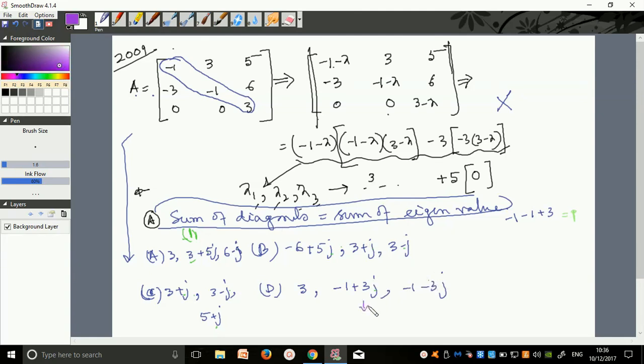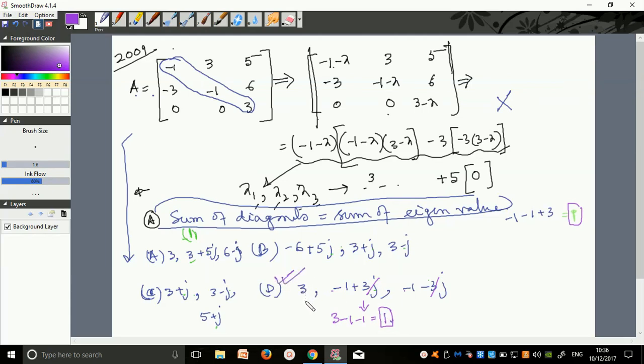If you add it, minus 1 and plus 3, so 3 minus 1 will lead to 1, and this 3j gets cancelled. So the sum of the diagonals and the sum of the eigenvalues are equal, so D will be the correct option.